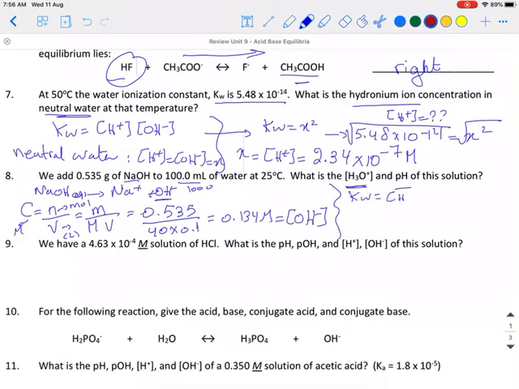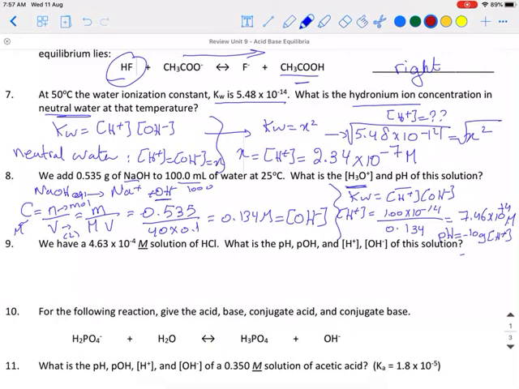Now I found the OH minus. Let me find the H plus. We know that Kw equals H plus times OH minus. So H plus will be equal to Kw at 25 degrees, which is 1 times 10 negative 14 for water, over the concentration of the base that we already found, which is 0.134. The answer up to 3 significant figures is 7.46 times 10 negative 14 molar.